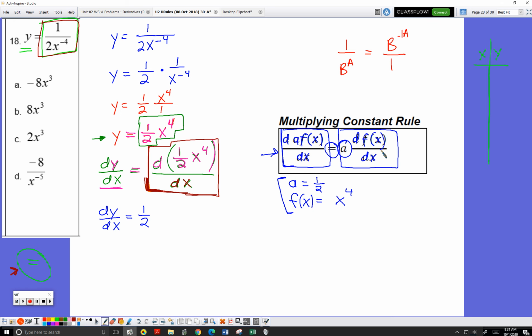So I do. D over dx, and the f that I have selected in this case is simply x to the 4th, like so. Questions, concerns, curiosities, anything? Awesome.